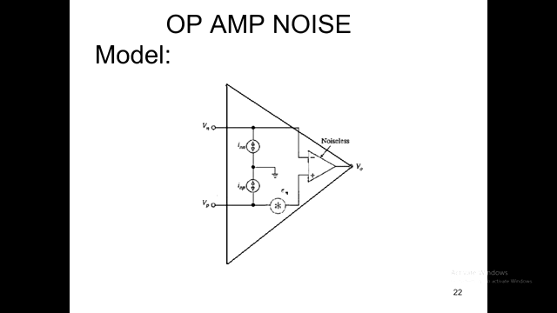And why do we do that? Well, what happens when we hook up components here? Imagine there's a noise current flowing through a resistor. That'll produce a voltage. That voltage will be amplified by the ordinary processes of the op-amp when it's made into an amplifier circuit.